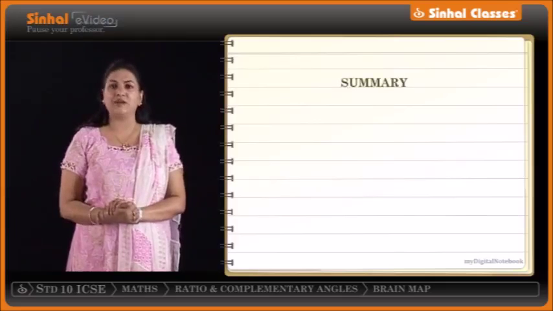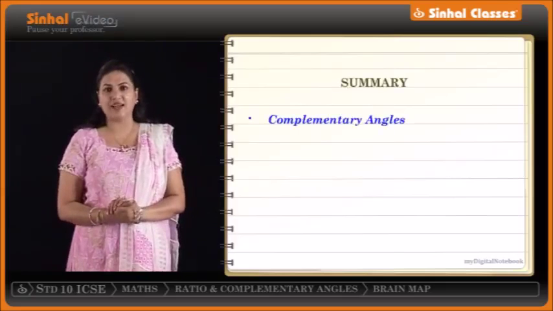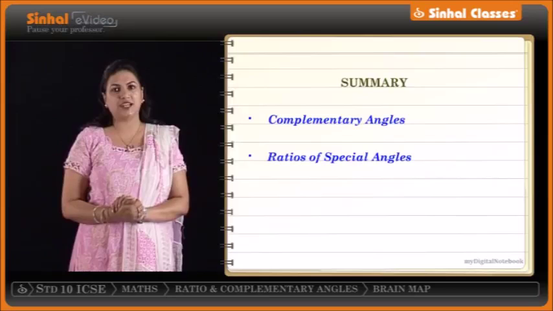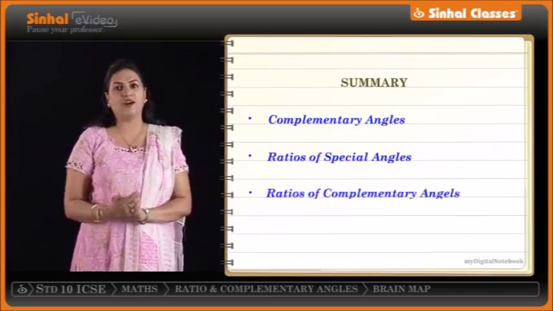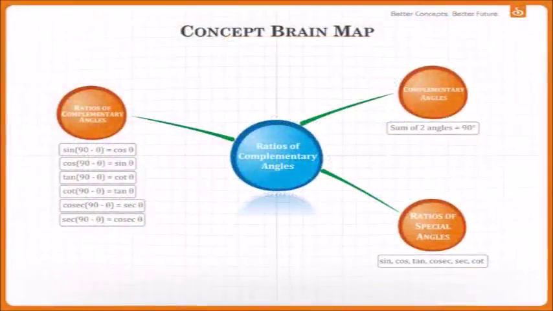Let us look at the brain map for this topic. We have seen the complementary angles, the ratios of special angles and the ratios of complementary angles. Let's revise them at a glance. Complementary angles: if the sum of two angles is 90 degrees, they are called complementary angles. Special angles: we have sine, cos, tan, cosec, sec and cot for 0, 30, 45, 60 and 90 degrees.